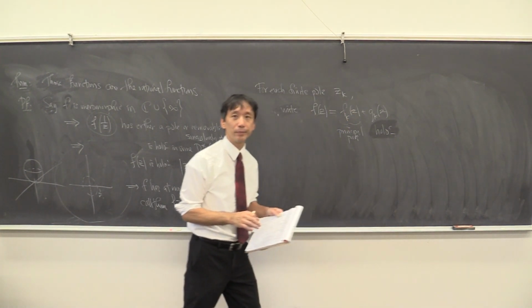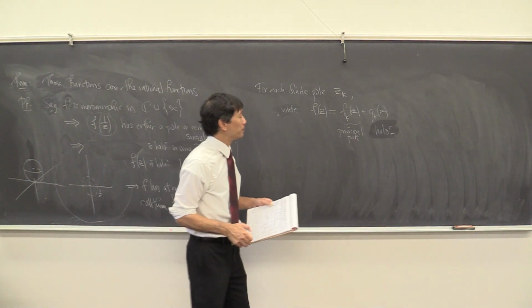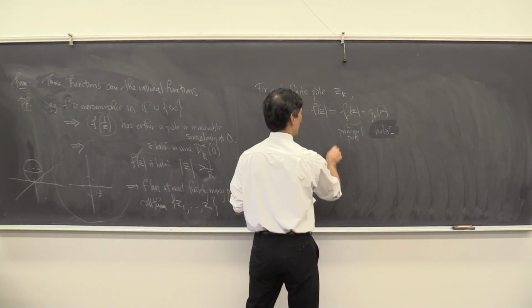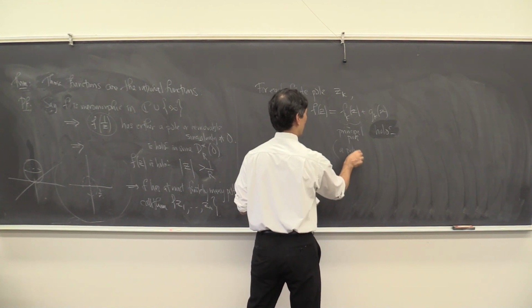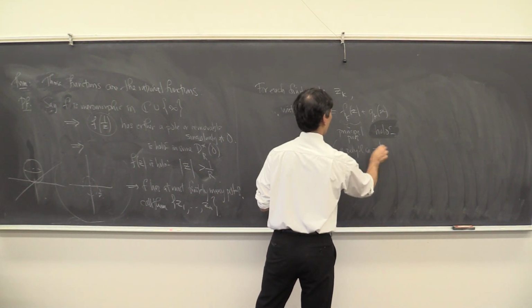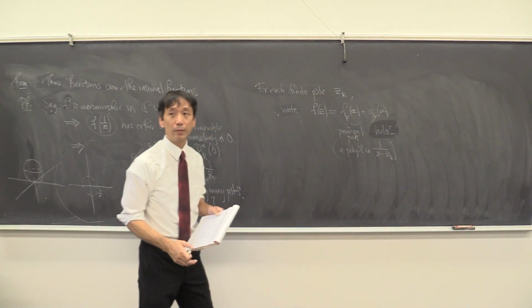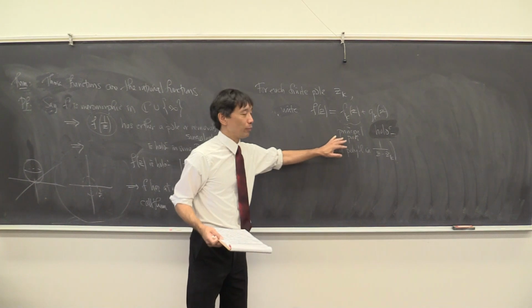Right. Okay, so this is a polynomial in 1 over z minus z sub k. You remember the principal part.